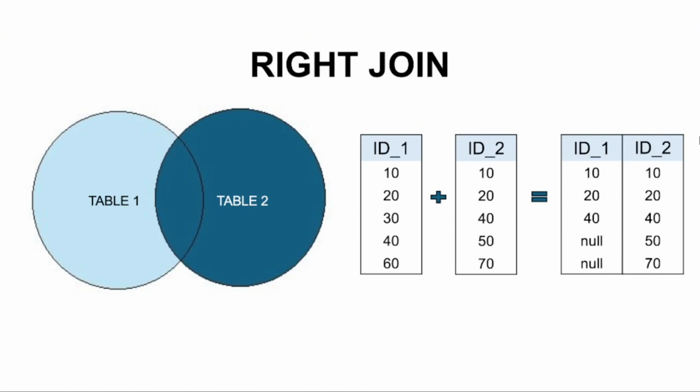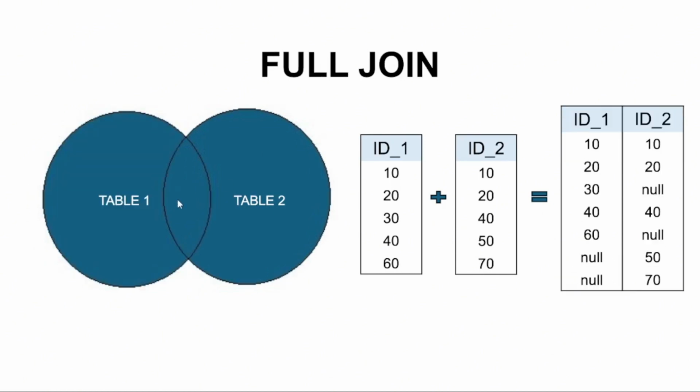So here in the output, if you see, all the rows from ID2 column are present, which is corresponding to right side table, table 2, and only matching values from the left side table ID1 column are populated. For those values from ID2 column for which there is no matching record in ID1, values populated are null.